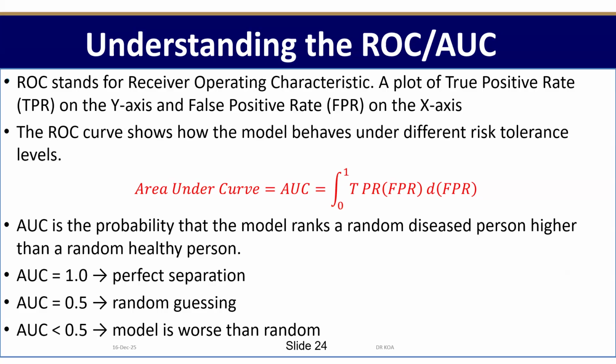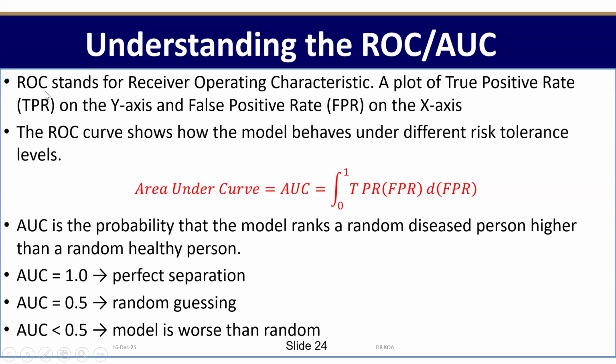It tells you how the model is behaving under different tolerance rates. So if you're actually calculating, it is going to be the integral of the true positive rate with respect to the differential of the false positive rate. Okay. This formula, forget about it much. But if you are writing a dissertation, you should document it.